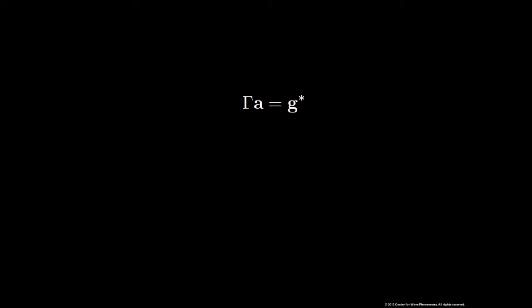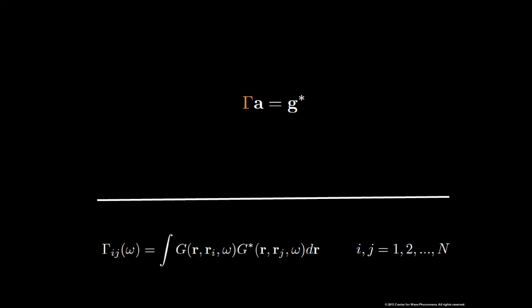Here, gamma on the left is an n by n matrix whose elements are computed with the integral shown below. The g's are the Green's functions, star is the complex conjugation, and if we have a good estimate of the velocity model of the medium, we could compute these Green's functions numerically. So we can compute gamma.